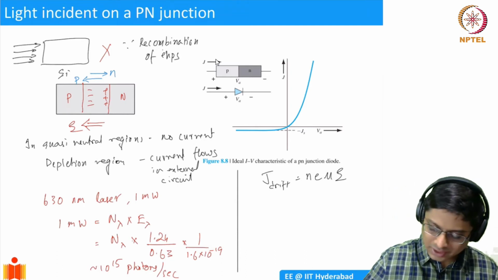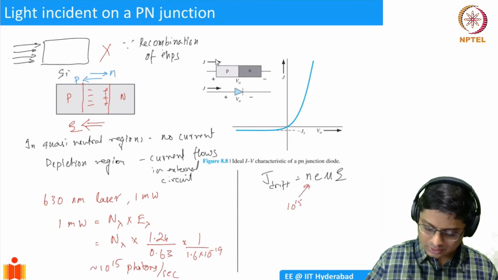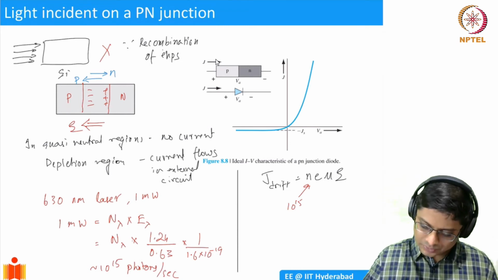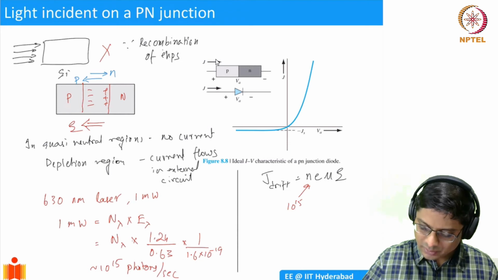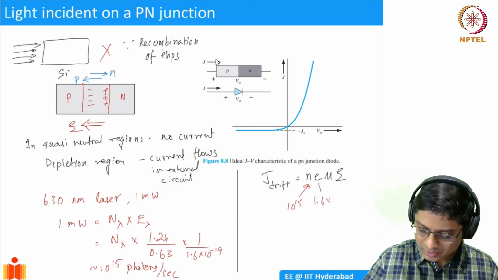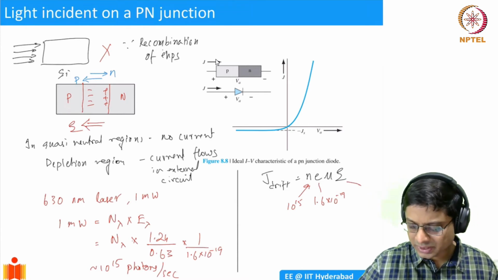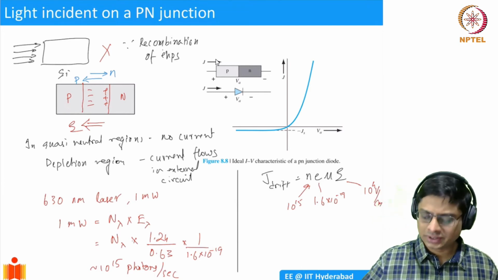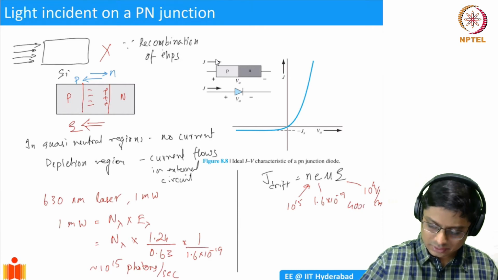This number N is going to be 10 power 15 photons per centimeter cube. This is the charge, 1.6 into 10 power minus 19, this is the mobility, and typical depletion fields would be 10 power 4 volts per centimeter, and mobility, let's take it to be 400 centimeter square per volt second.